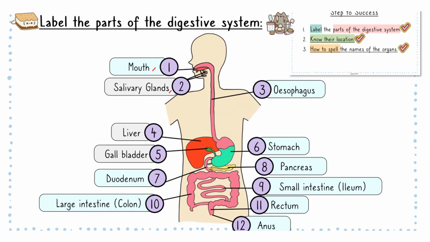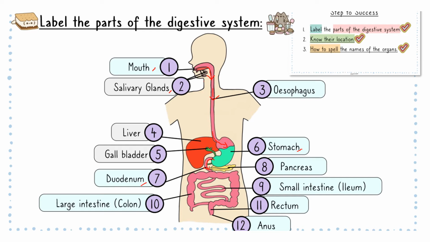The saliva will be mixed with the food, and then the food will go down into the esophagus, and then until it reaches the stomach. After that, another digestion happens, and then it will go into the small intestine called the duodenum.